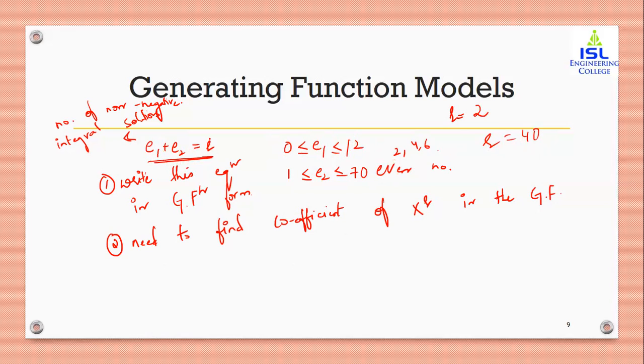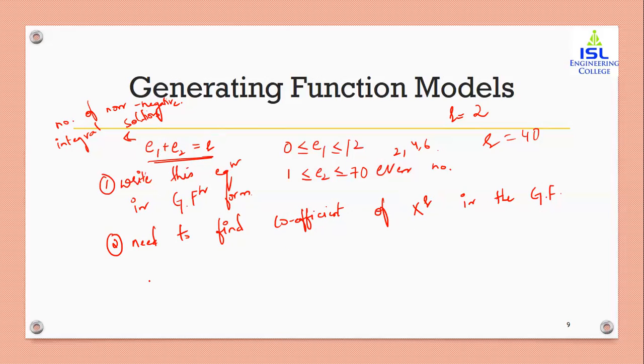Instead of E1, E2, we may have E1 plus E2 plus E3 plus E4 and so on. In all of these cases, it is difficult to find the solution. So a better solution is to write this equation in generating function form and then find the coefficient of x power r, where r is this value, in the generating function.